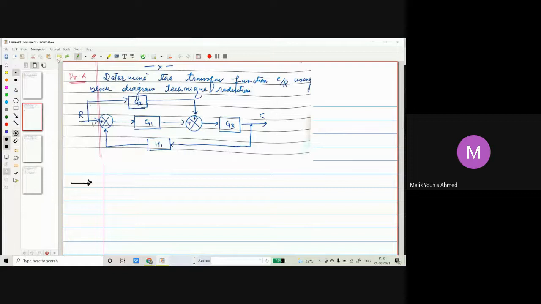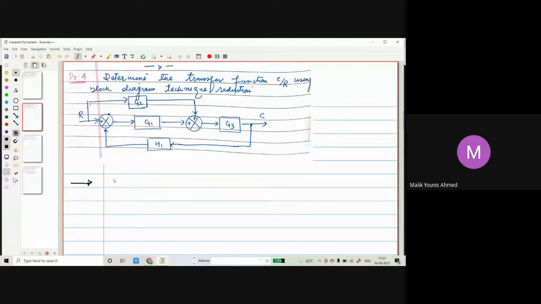Loops in parallel. First step, what we can do, there can be another shift the summing point before the block G1. This is G1, this summing point, to a position after the block. We'll shift this here.